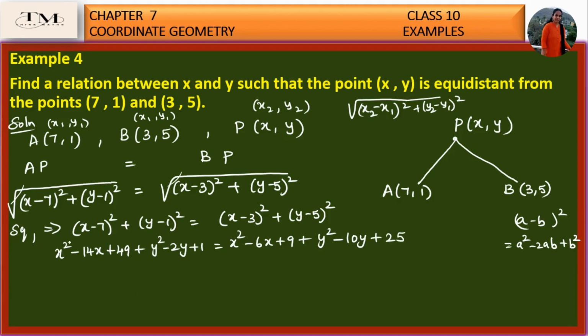So here x square and x square are the same on both sides, so it will get cancelled. In the same way, y square and y square get cancelled.